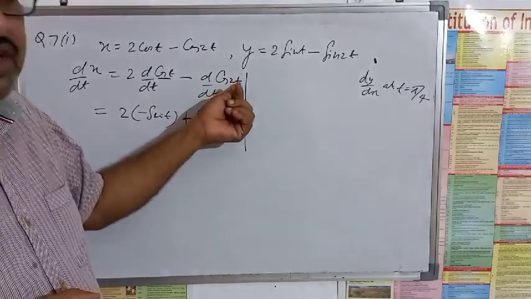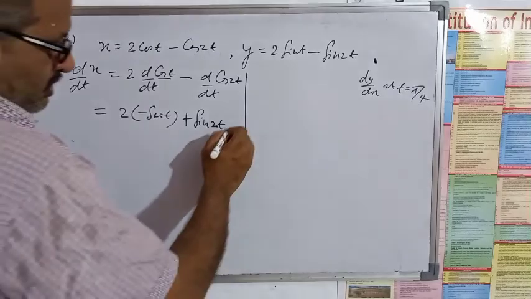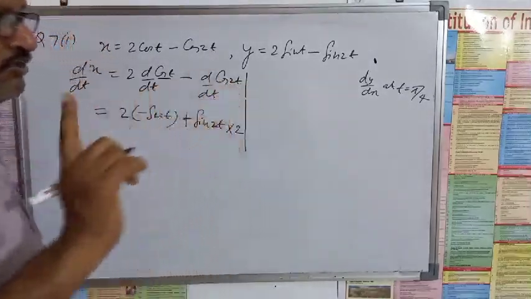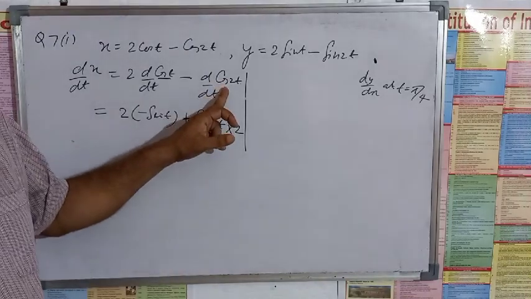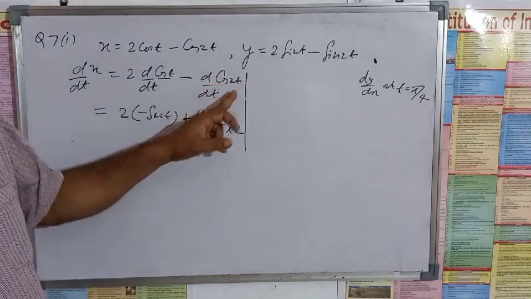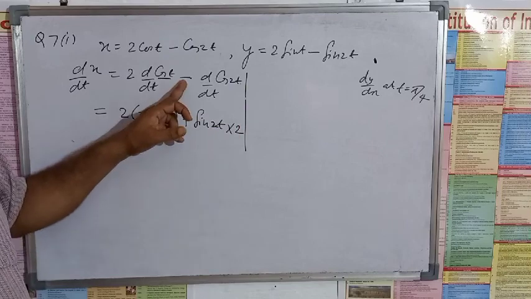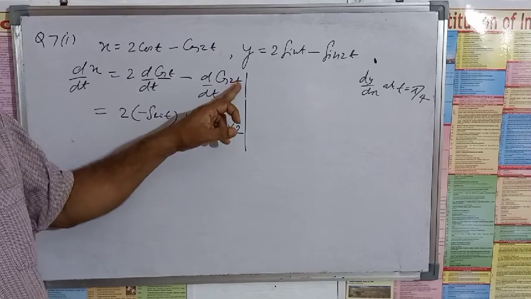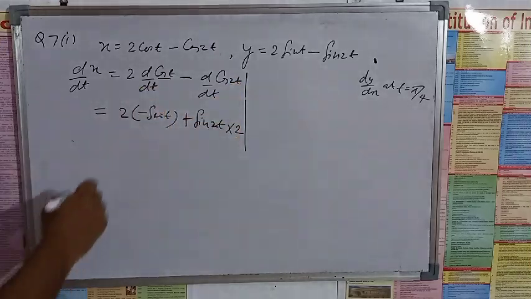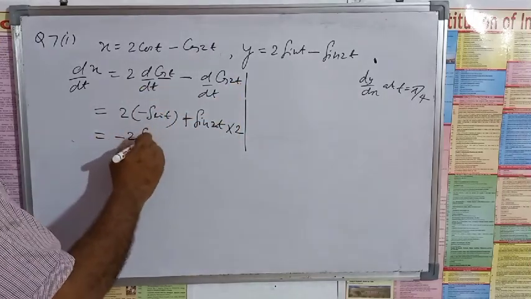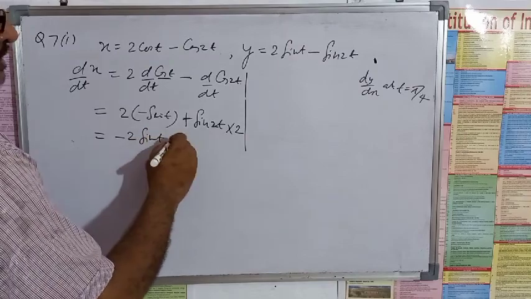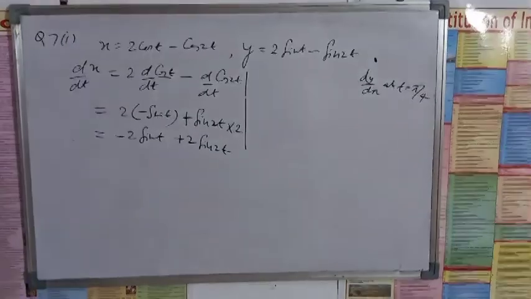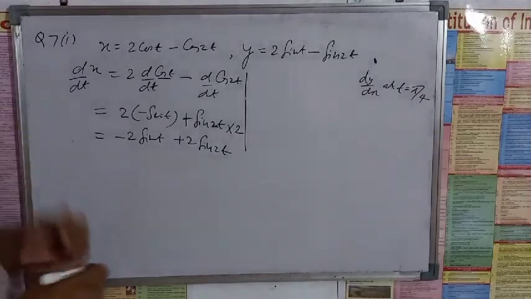After that, differentiate 2t also: 2 is constant and the derivative of t is 1. So we get minus 2 sin t plus 2 sin 2t. It is dx by dt.